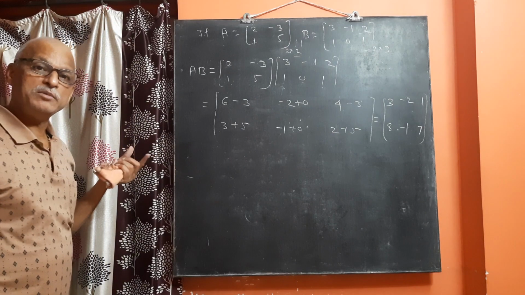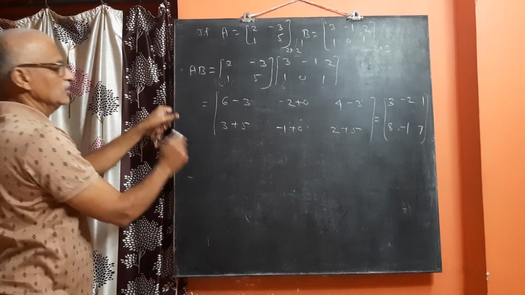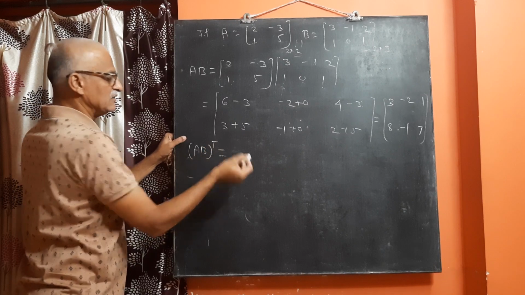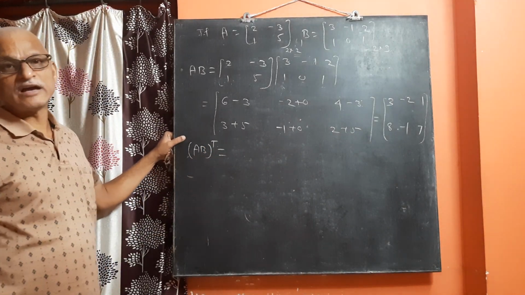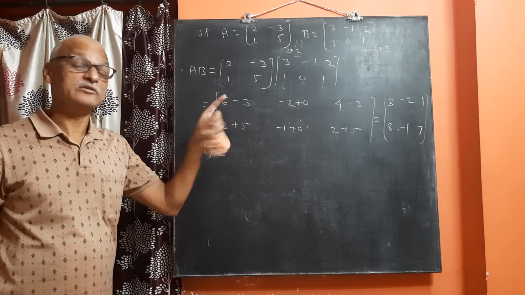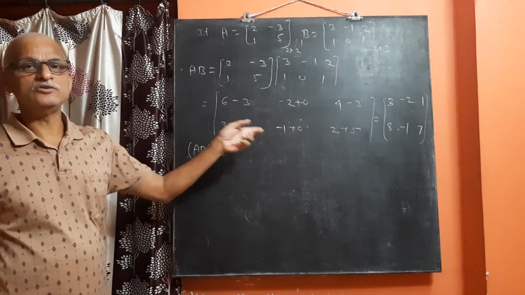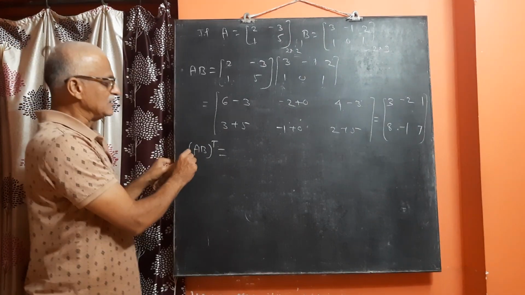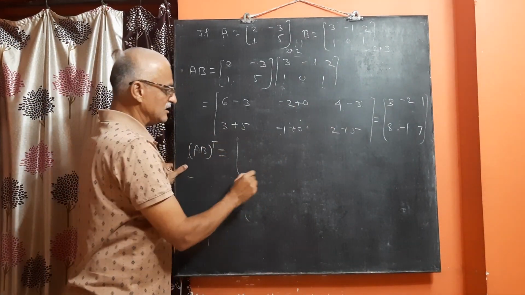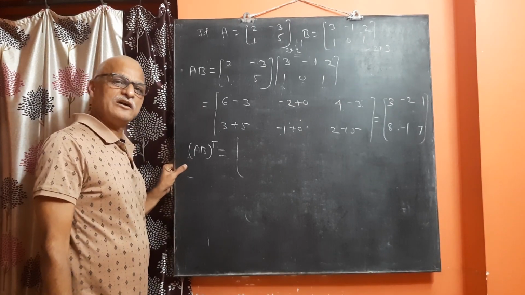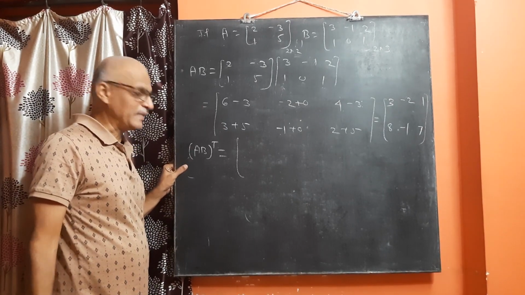But our requirement is the transpose of AB. What do we have to prove? Not prove, we have to verify that transpose of AB equals B transpose into A transpose. Now transpose of AB, how do you get the transpose? If you remember the definition, the transpose will be easy to understand.